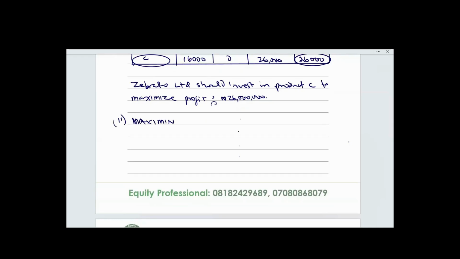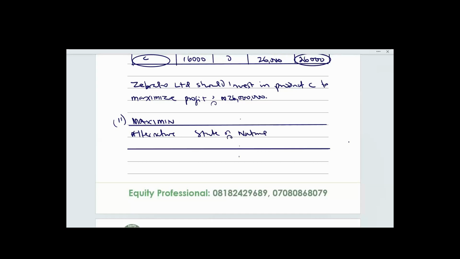Maximin. Do the same thing. Alternative, state of nature, we have boom, steady, then recession.